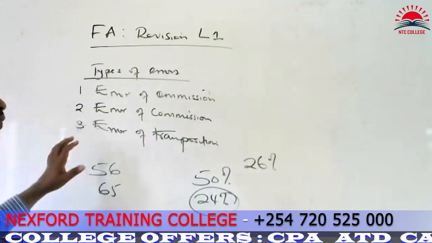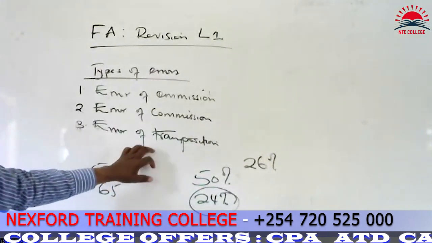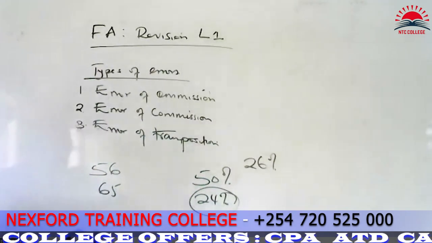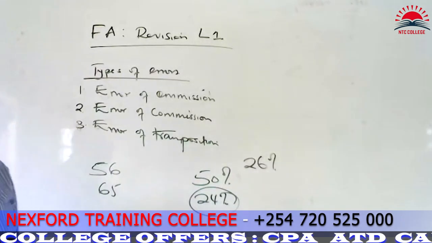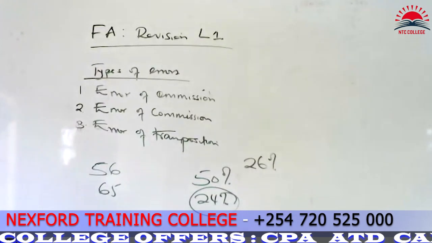This error is normally caused by recording the correct amount by reversing the numbers, such that instead of writing 56, you write 65. That is what we call the error of transposition.